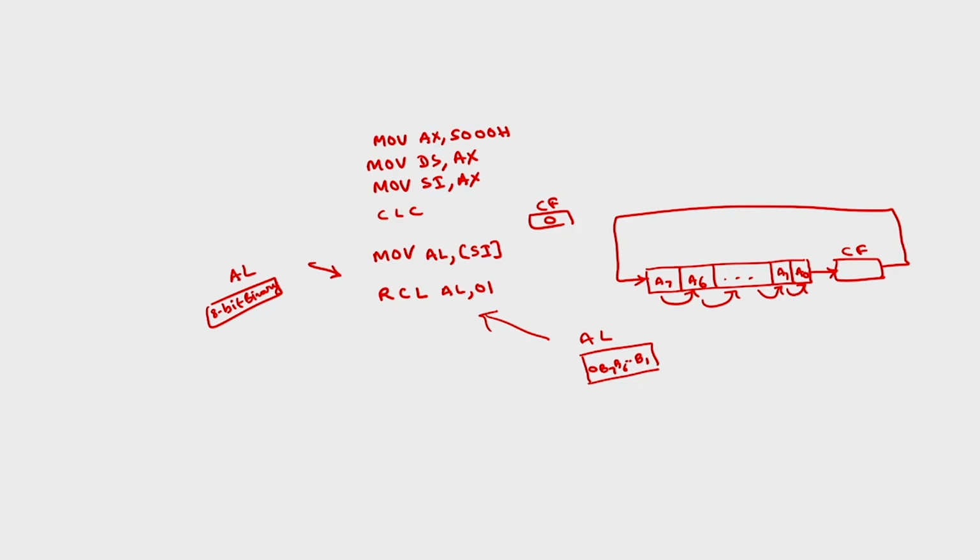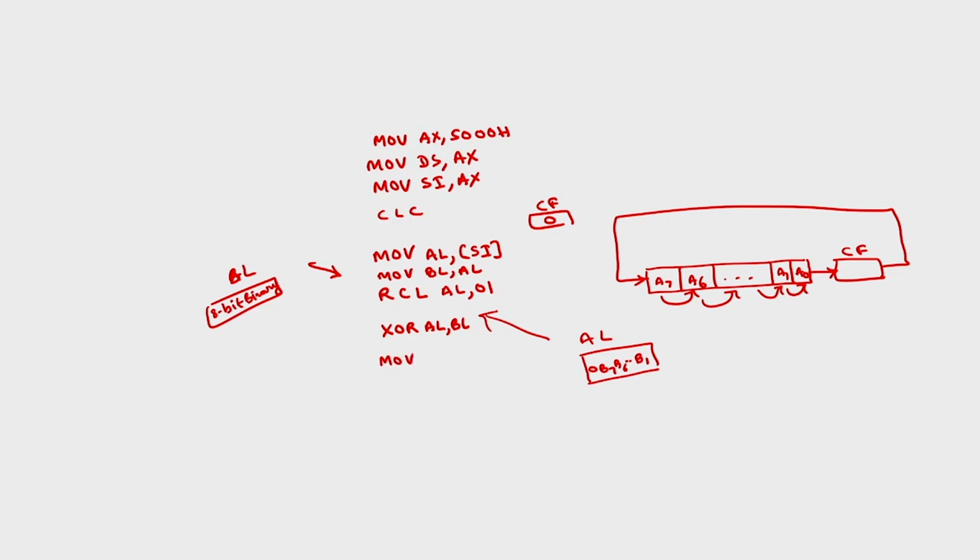You store the original here, because if I rotate this, the previous AL contents will be lost. So you can move these contents onto some BL register, so that BL will contain the original 8-bit binary number, and AL will contain the shifted version. Then exclusive OR between AL comma BL. Whatever the result in AL will be the gray equivalent of the given binary number, that you have to store.